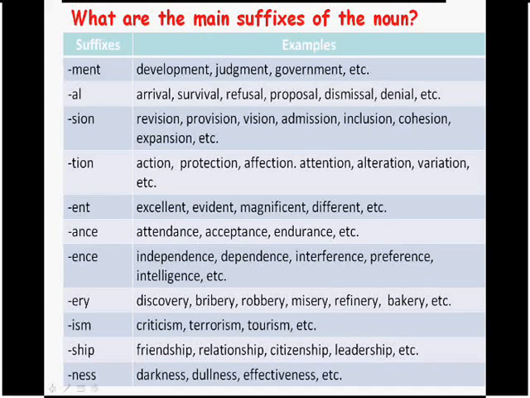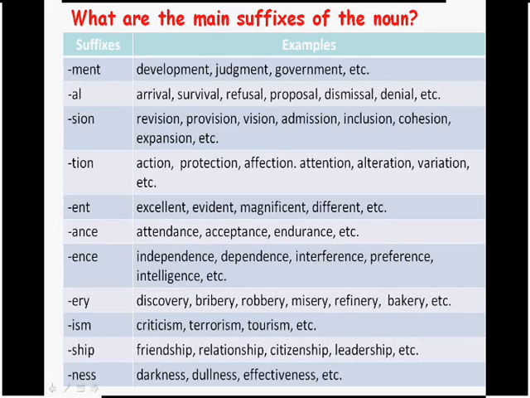It's like development, judgment, government. So we have here develop, the verb, and we put ment at the end of the word to change the verb develop into the noun development. So the first suffix is ment.